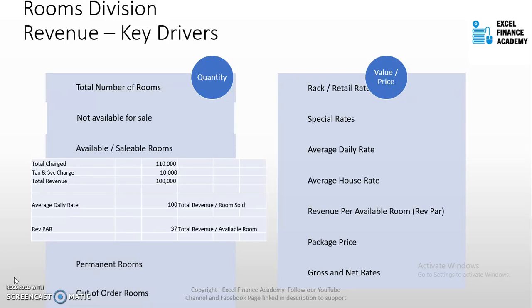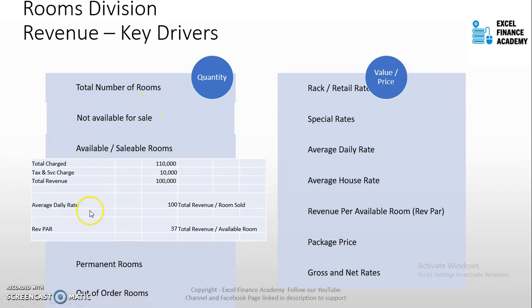So here is a little calculation of how we calculate it. Let's say the total revenue charged was 110,000. The tax and service charge on this was 10,000. So the net revenue was 100,000. The average daily rate in that case we calculate based on 100,000 over 1,000 room nights.